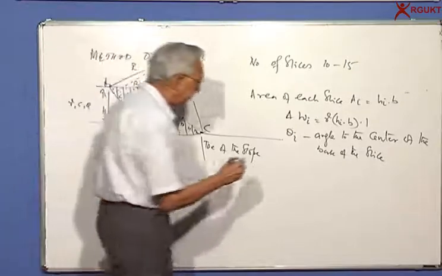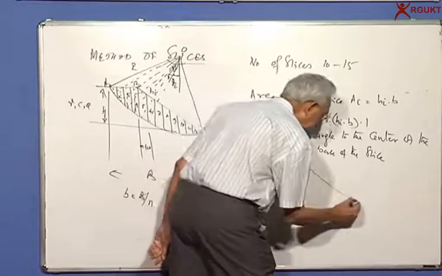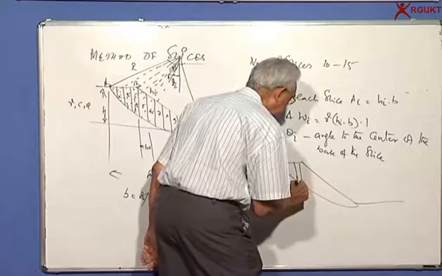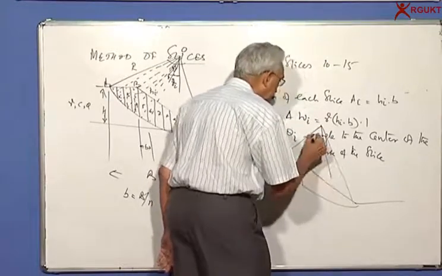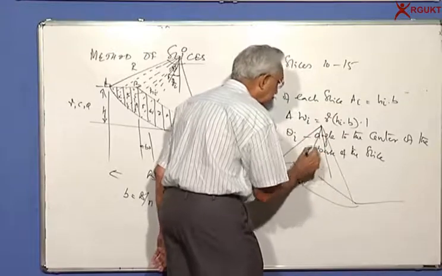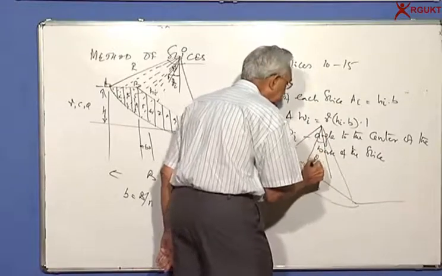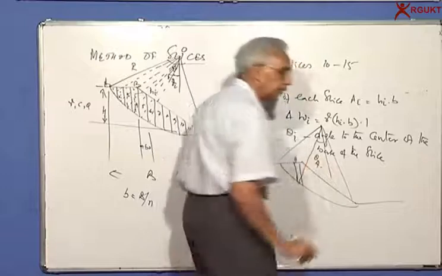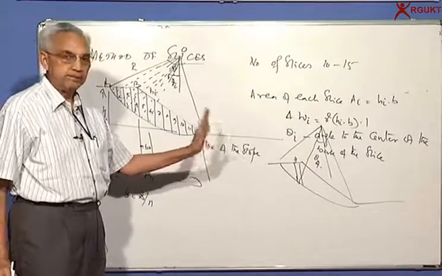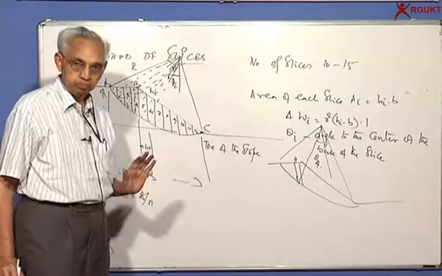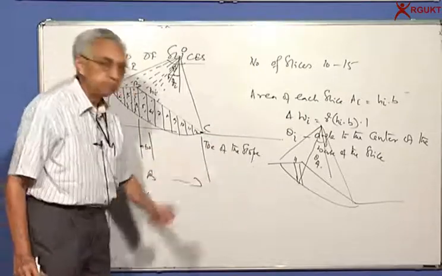So let me again draw it a little more clearly. This is the fourth slice, this is the center, vertical. So you draw this line, this gives me theta 4. This is the fourth slice, so what will be the angle subtended with respect to the vertical to the center of the base?